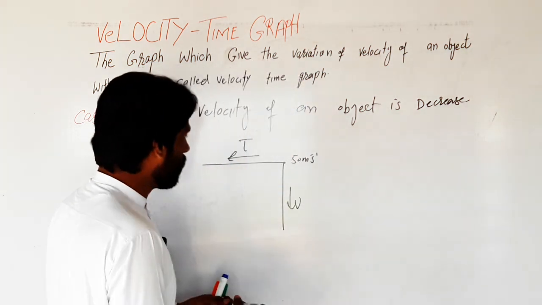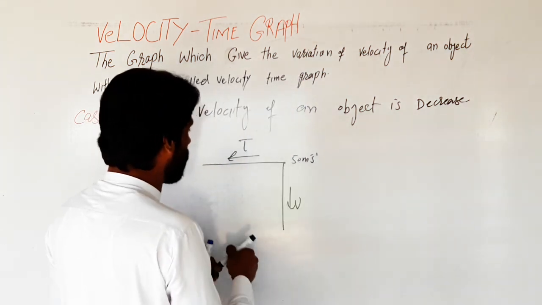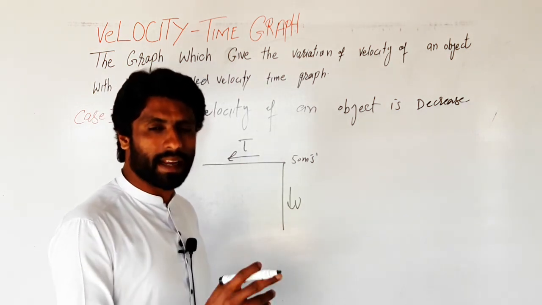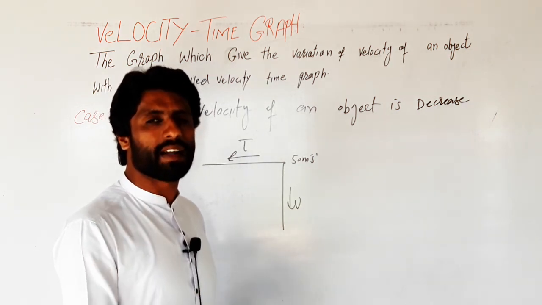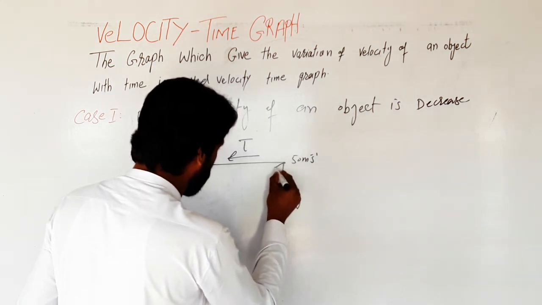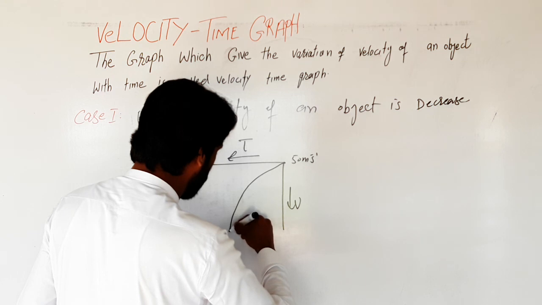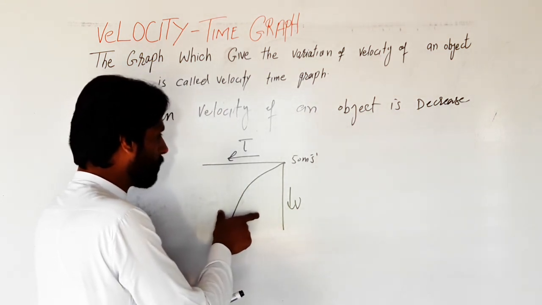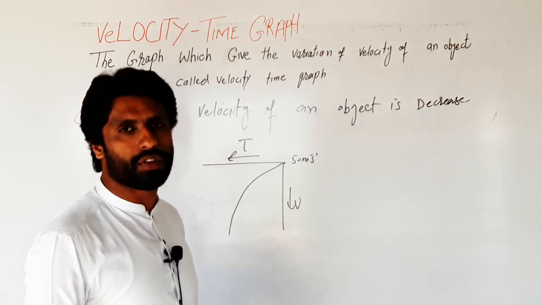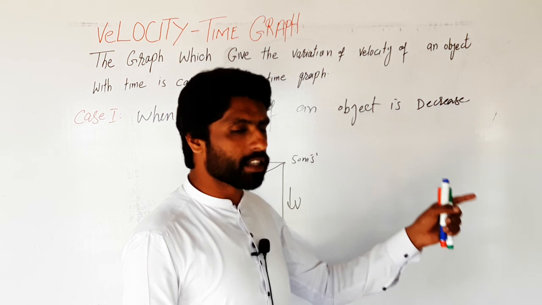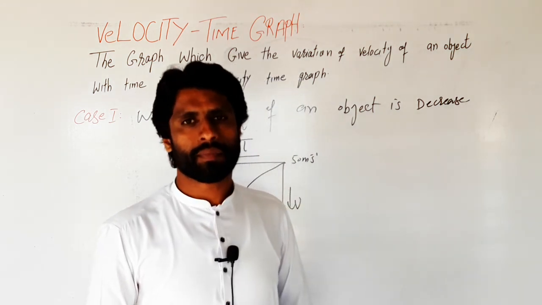Velocity is 50 meter per second, at 1 second it decreases, at the next second it decreases further, and as time increases the velocity decreases. And this is a curved path. This curved path on the negative side shows the variation of velocity with respect to time.